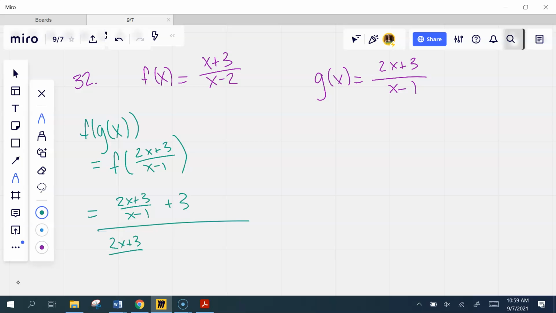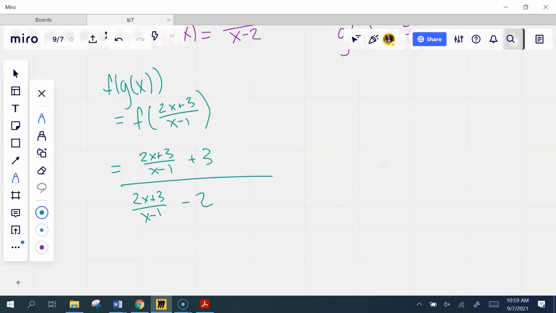Don't look at this and go, nope, nope. It looks like a lot, but if you take it piece by piece, it's not that bad. Whenever I teach complex fractions, I always tell everybody they look worse than they are, because you take them in pieces. Do the top part first, do the bottom part first. Essentially, that's what this is, a complex fraction. So let's look at the top first and see what we can do with just the top.